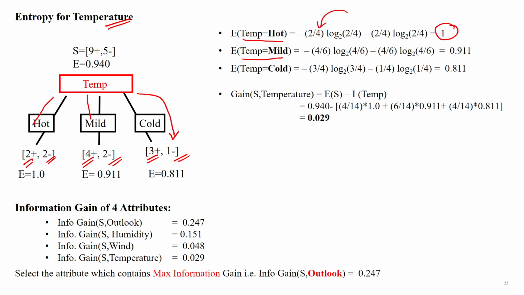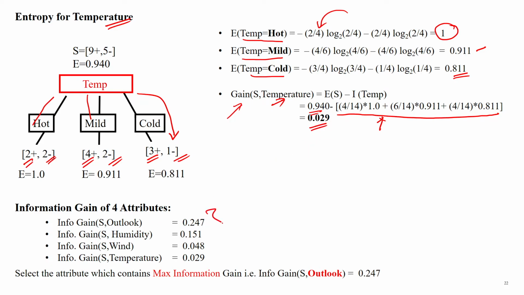When temperature is mild, the entropy is 0.911. When temperature is cold, the entropy is 0.811. The average information from temperature is this one. Then we subtract the values, and finally the information gain of temperature is 0.0291.